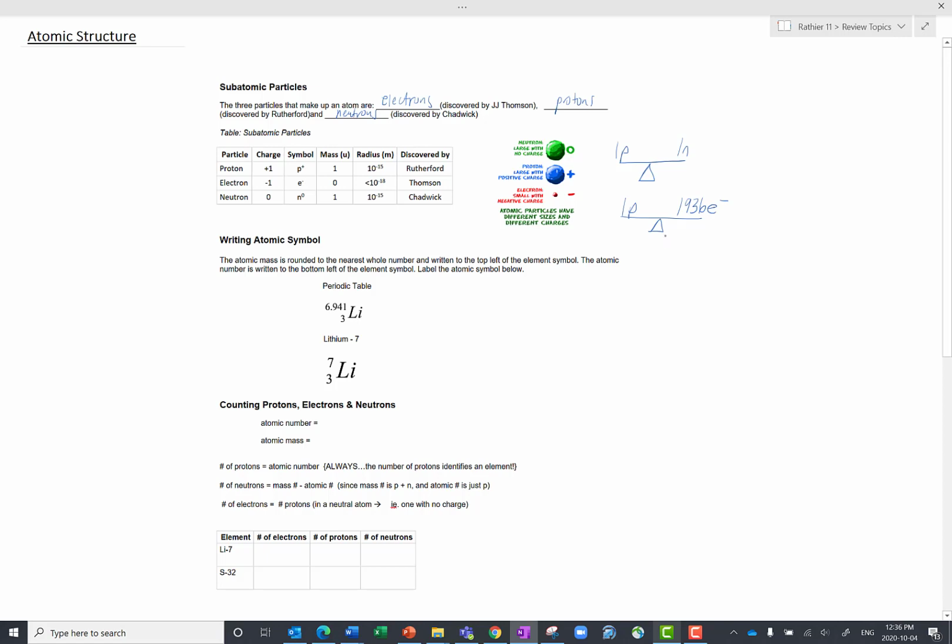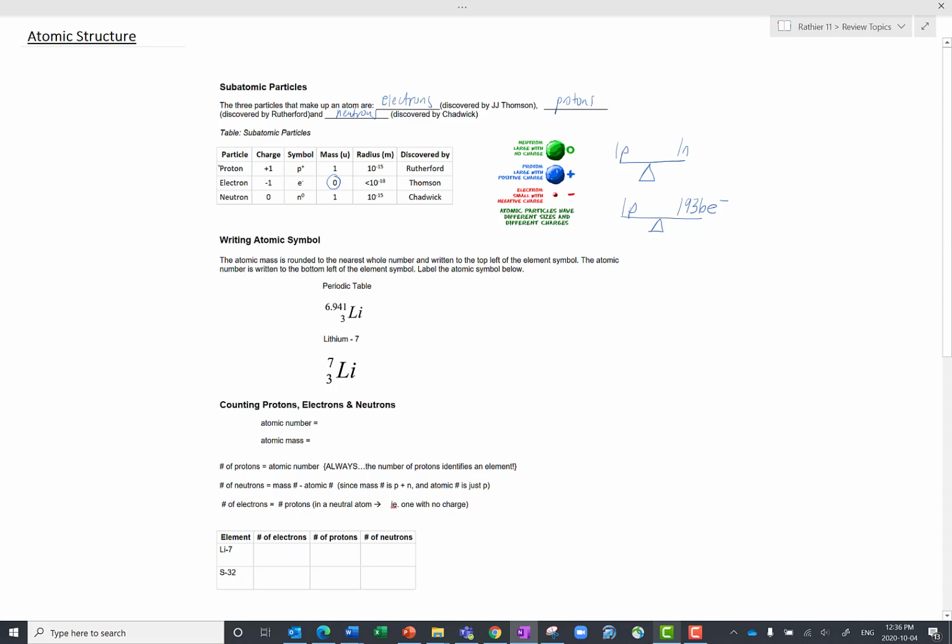So you can see it takes a lot more electrons, so relatively speaking, they're very light, which is why we assign them a relative mass of 0. Now, this will be important for our counting of protons, electrons, and neutrons.